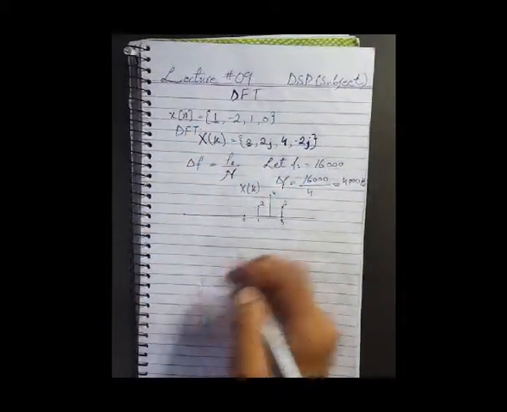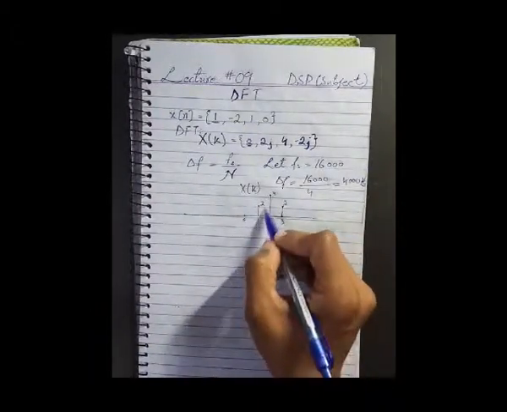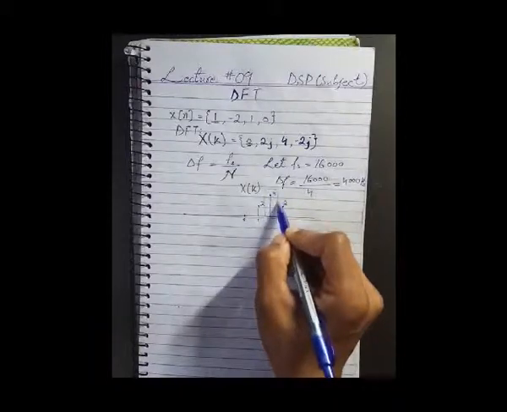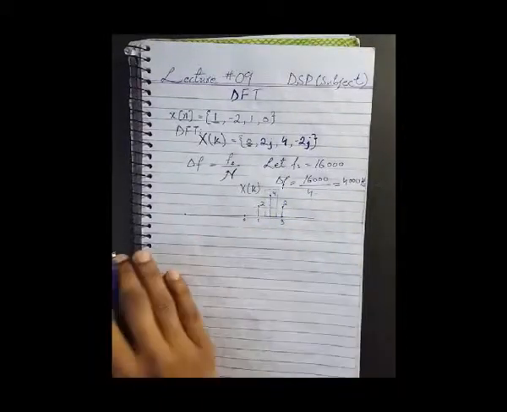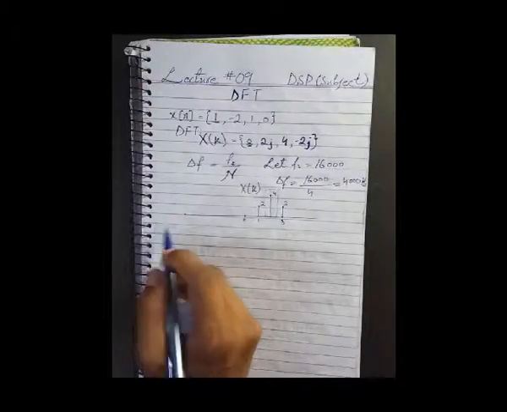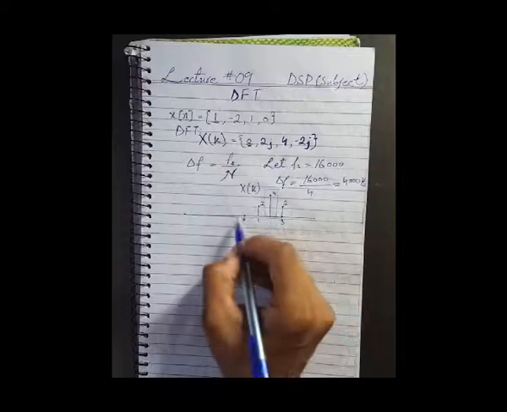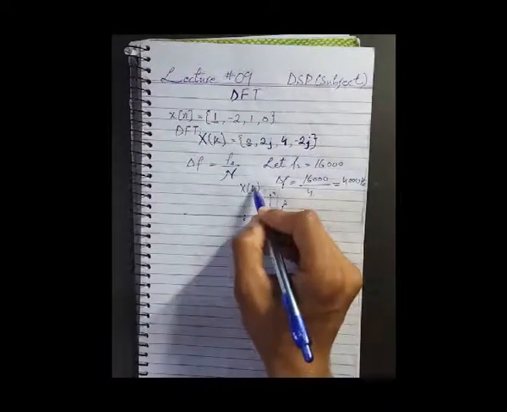Now let's suppose we apply a high frequency filter and extract this frequency. Let's suppose we say that we notch out the frequency which is greater than some value. This is in terms of k.